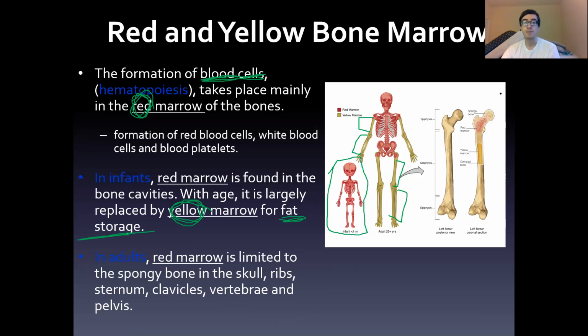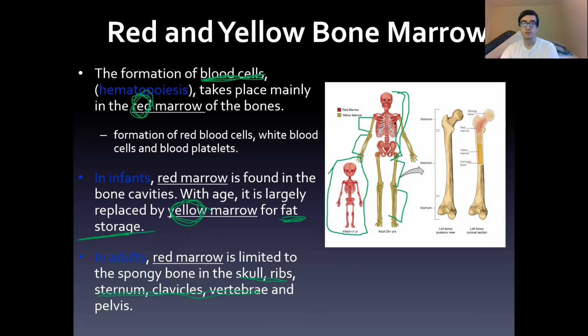We still have red marrow that's making our blood cells in the middle part of our skeleton here, because obviously we need to keep making blood cells in order to survive. So in adults, the red marrow is in the spongy bone of these axial skeleton bones.